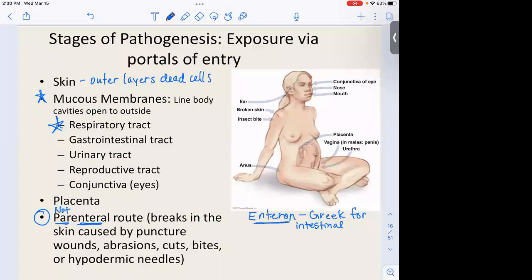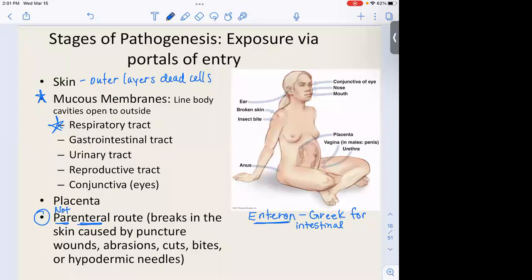Basically, this is a catch-all for everything. It's like any portal of entry that's not sort of the normal way. So our parenteral route of entry is things like maybe a dirty needle that stabs us in the skin and we get an infection from that, or an insect bite, or a stab wound, something like that, not the normal way, where some particular circumstance introduces that pathogen.